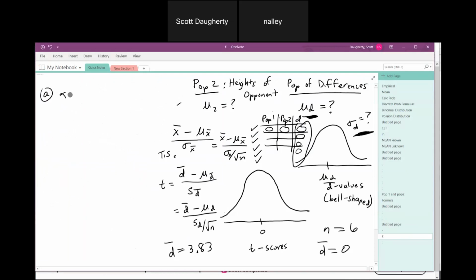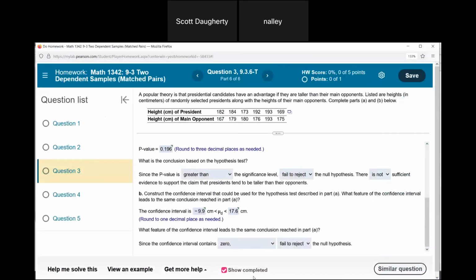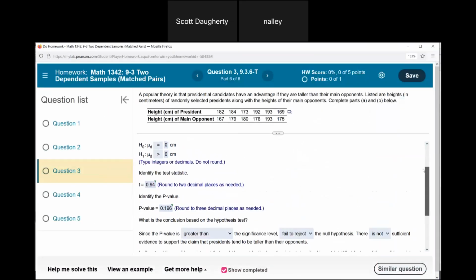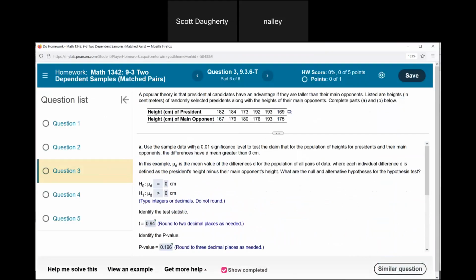We did a hypothesis test with alpha equal to 0.01. Let me double check that. I think that's what it was, right? Alpha was 0.01. So in part A, notice, we were running a hypothesis test to test the claim at a significance level of 0.01. And it was a right-tailed test, right?